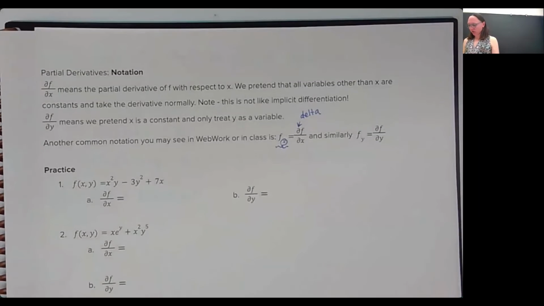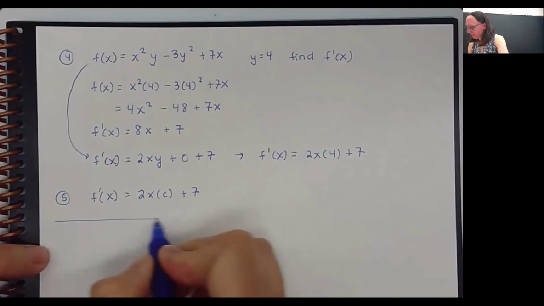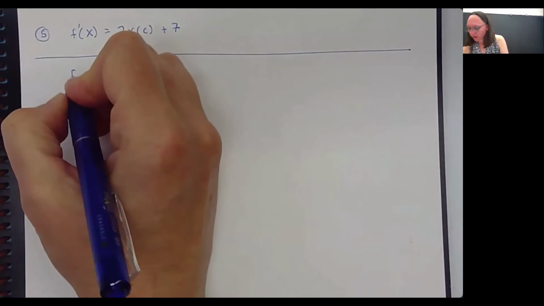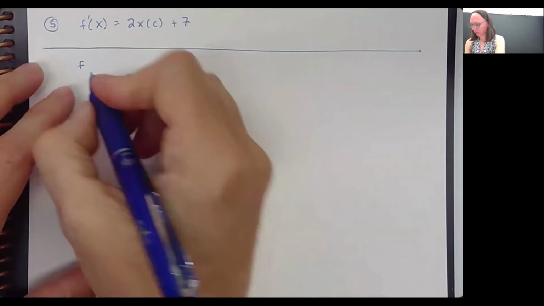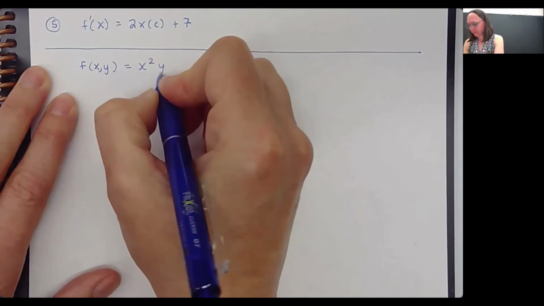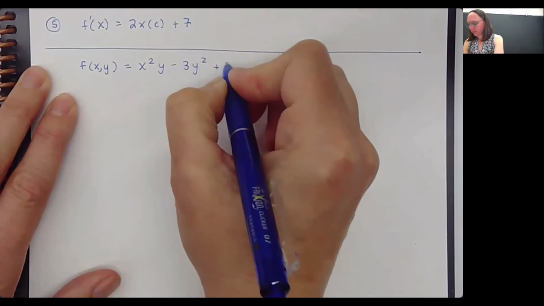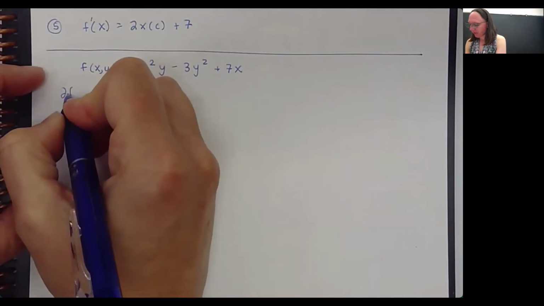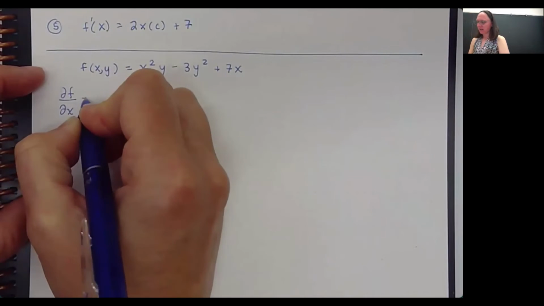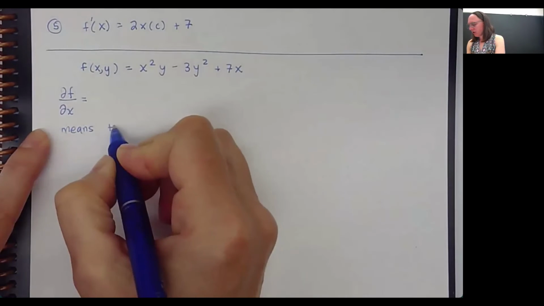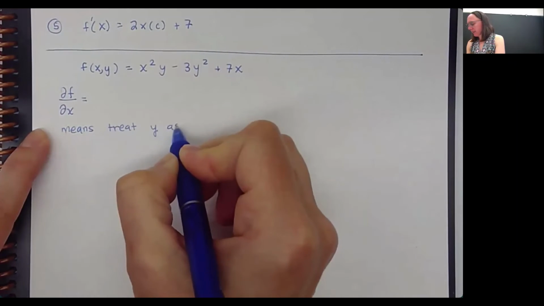Mechanically, to take these partial derivatives, we're doing what we were just practicing on the other page, which is we pretend that one of our variables is a constant. So when I take the partial derivative of f with respect to x, this means treat y as a constant.